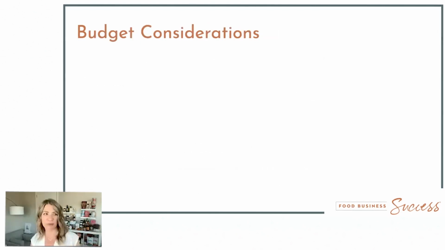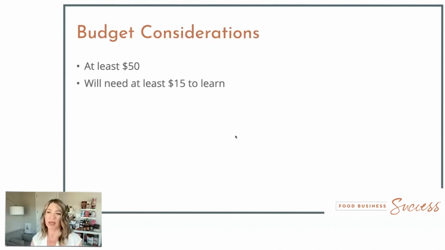Okay, so that's before. Then budget considerations, I like to do at least $50 total. What I've read is that basically the first $15 you just got to throw away for Meta to learn and be in learning mode and to figure this out, right?